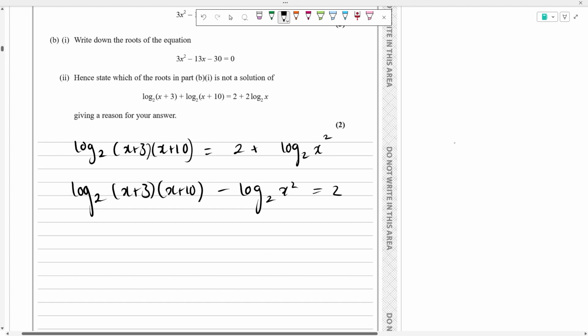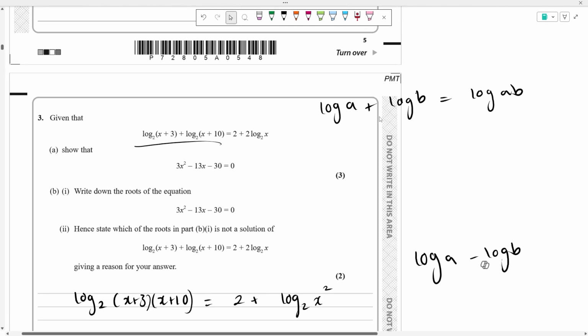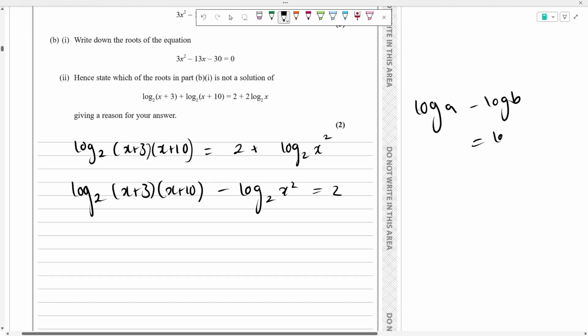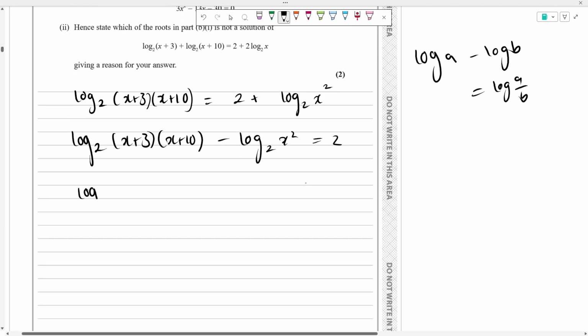And another one of our log laws, when you have a log subtract another one, kind of like the opposite of this, this is the same thing as division. So I'm going to move this x squared to a denominator. So this becomes log base 2 x plus 3 times by x plus 10 on our numerator, all divided by x squared on our denominator, is equal to 2.